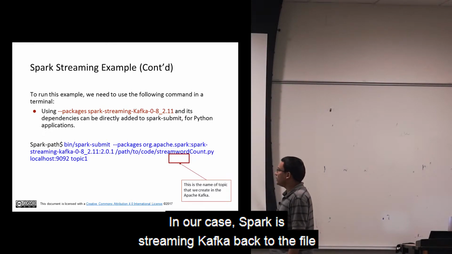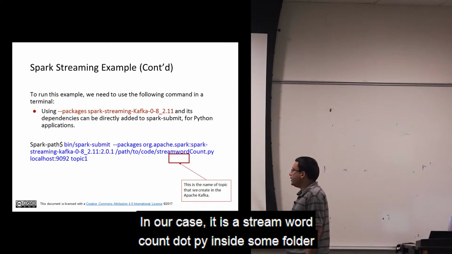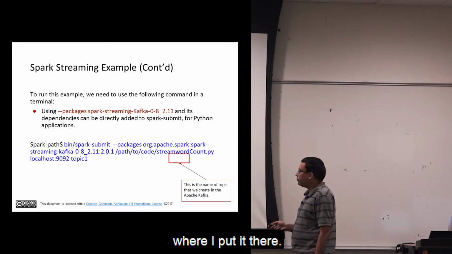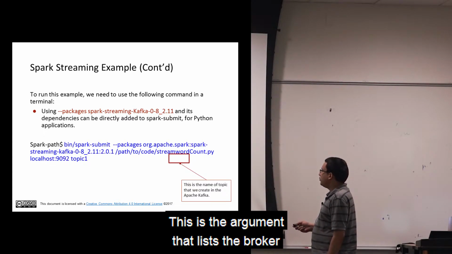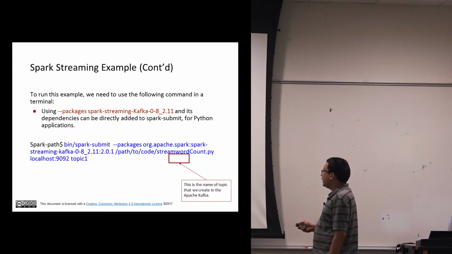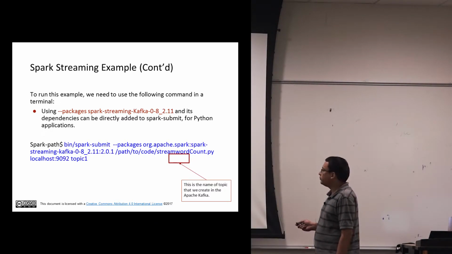In our case, it is Spark Streaming Kafka. Then the path to the file where the program has been written. In our case, it is stream word count.py inside some folder where you put it, and you have some arguments to pass on. This is the argument that lists the broker, and this is the topic you will be expecting messages from.